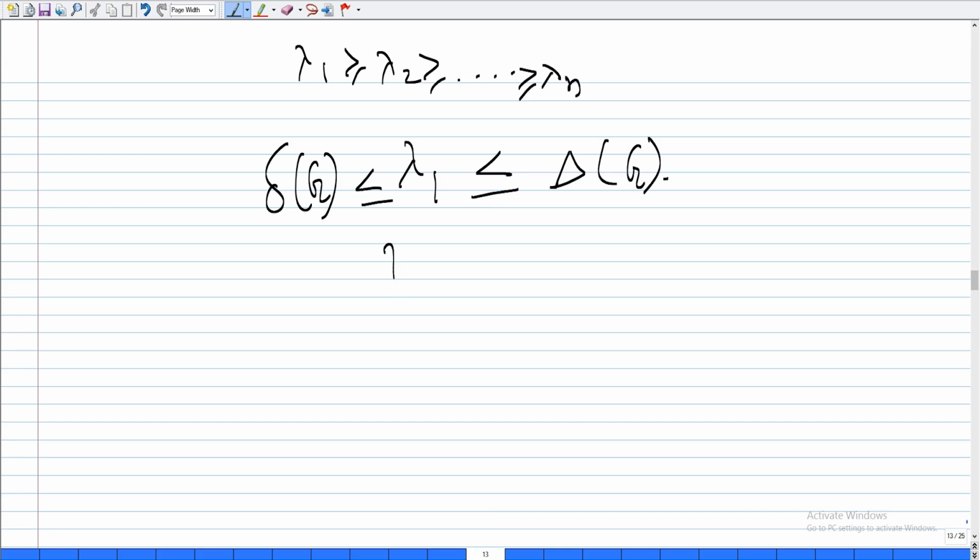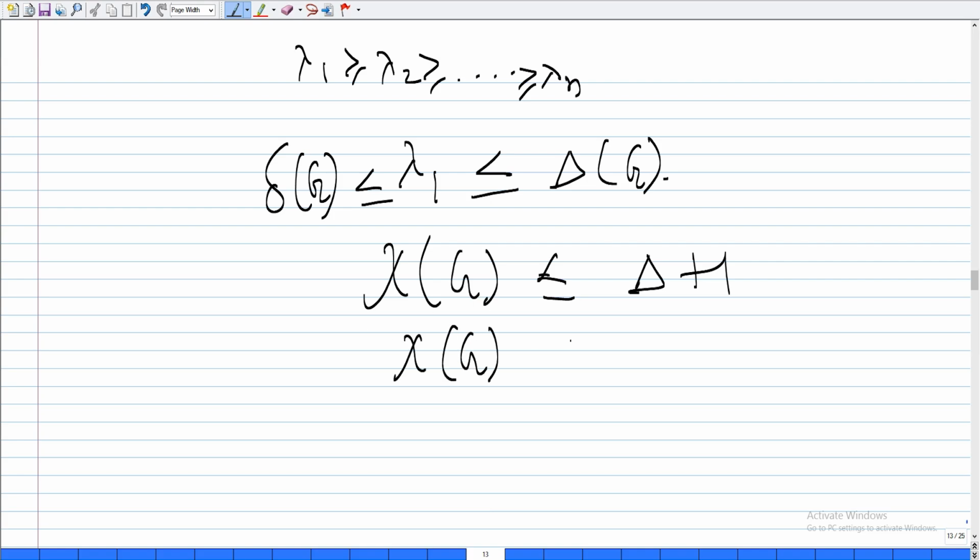And in fact, yesterday we have seen this about the chromatic number. We know chi of g is less than or equal to delta plus 1. In similar lines we can also write chi of g is less than or equal to 1 plus lambda 1 of g, the largest eigenvalue of the matrix.